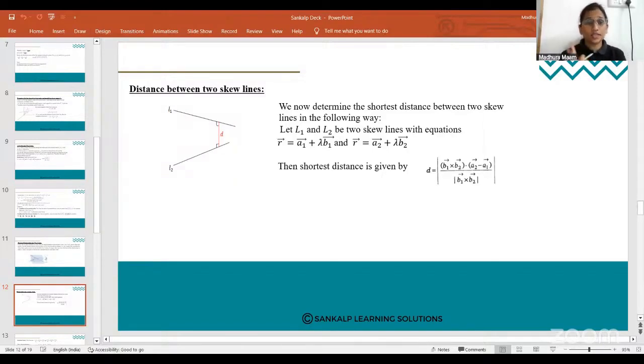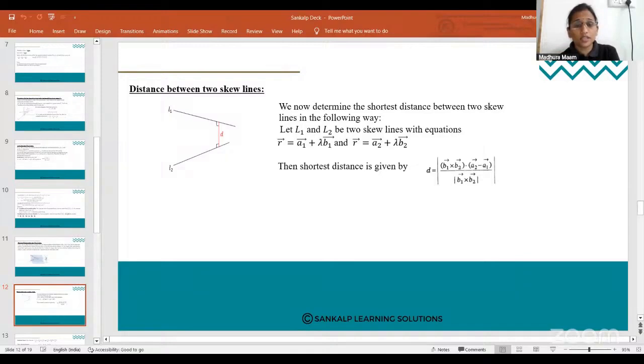Two lines in 3-dimensional space which never intersect. Never intersect does not necessarily mean parallel, but they never meet each other. Such lines we call skew lines.